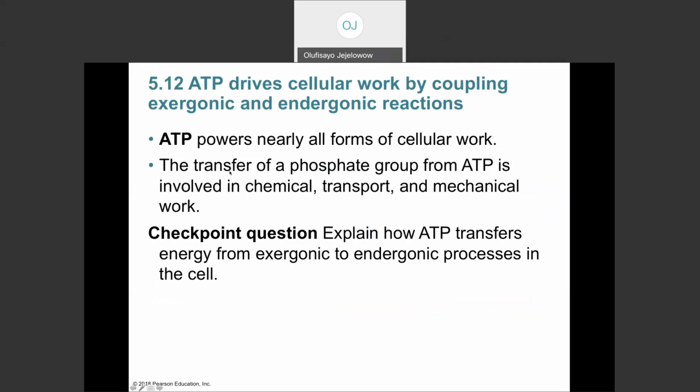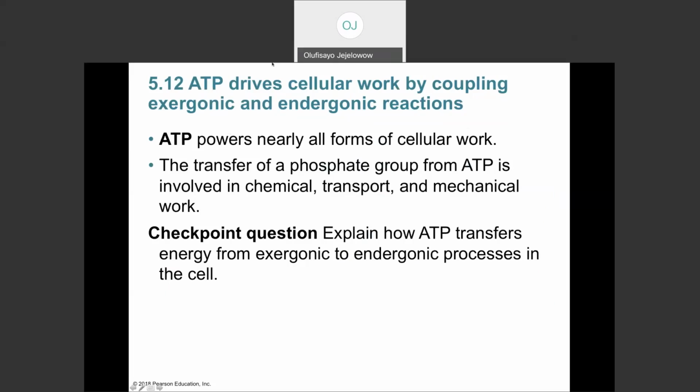In cells, ATP drives cellular work. In biological cells, exergonic reactions are often coupled with endergonic reactions, in which one reaction is giving off energy and another reaction is taking in energy.